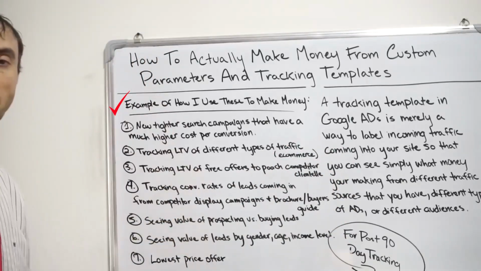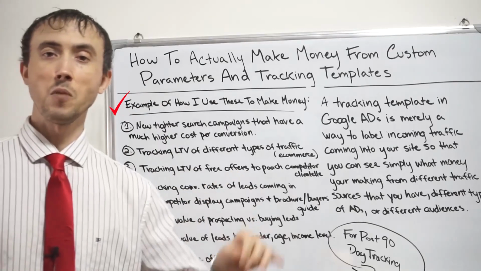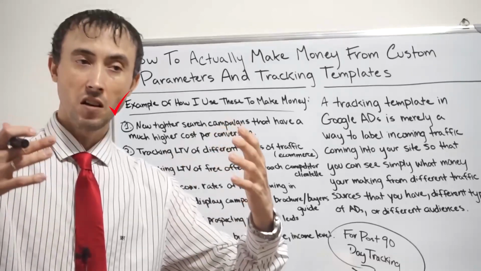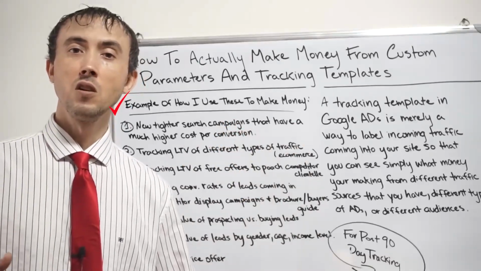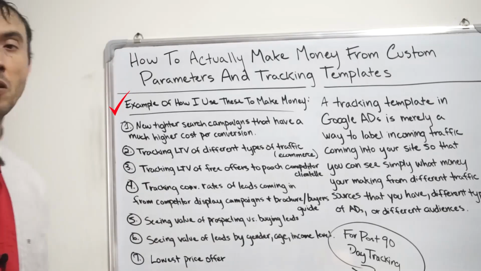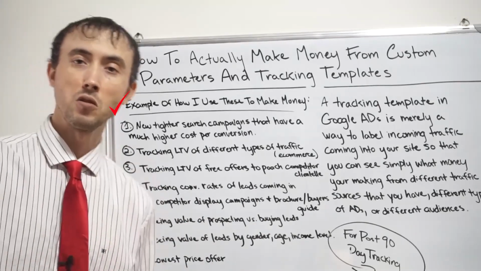So I will give you 7 different instances where we use tracking templates to physically make money. And that should spark enough of an idea for you to be able to make money with your ads using these tracking templates as well, and the setup of the tracking templates on your Google Ads.